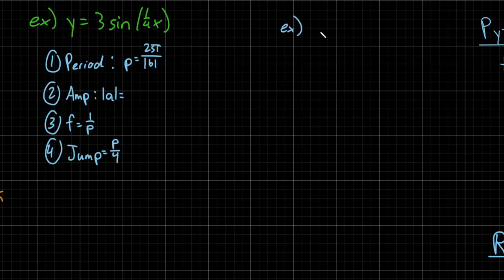Alright, next one. Ooh, that was kind of tricky. Do y equals negative cosine of 3x.